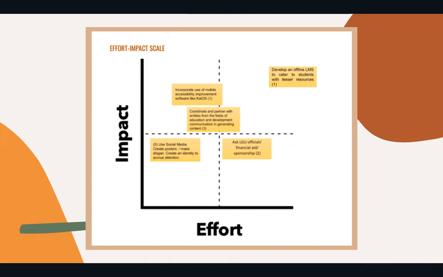And one of the things that we also considered is to develop an offline learning management system to cater to students with lesser resources, as well as coordinate with and partner with entities from the fields of education and development in order to communicate the generation of learning content.